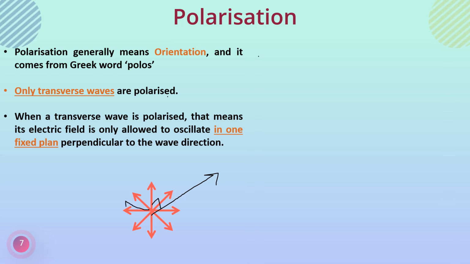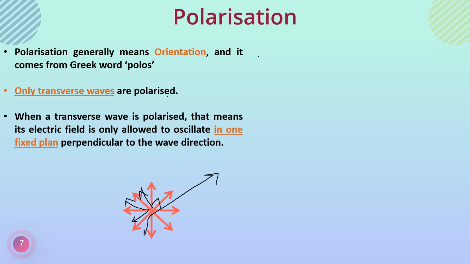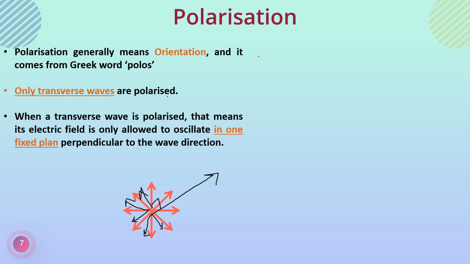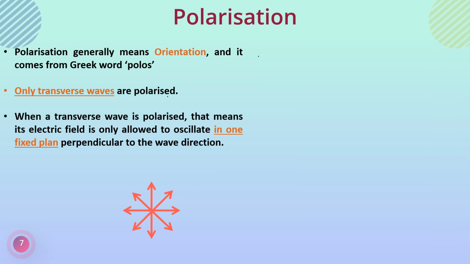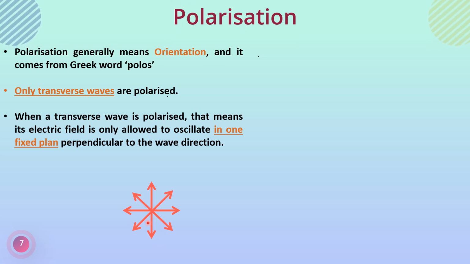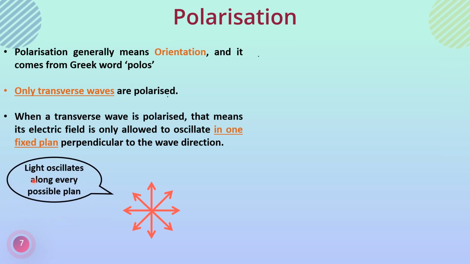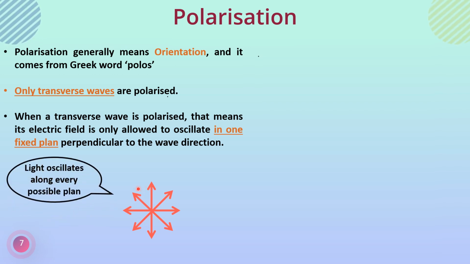Imagine we have other waves here in between, but I can't keep drawing them, so I just represent it by this notation. In these gaps, we have infinite electric fields, and all of these fields are perpendicular to the wave direction. So the light oscillates along every possible plane.